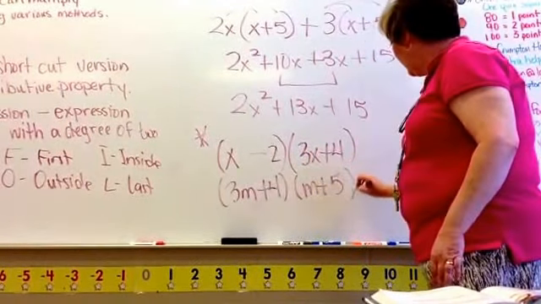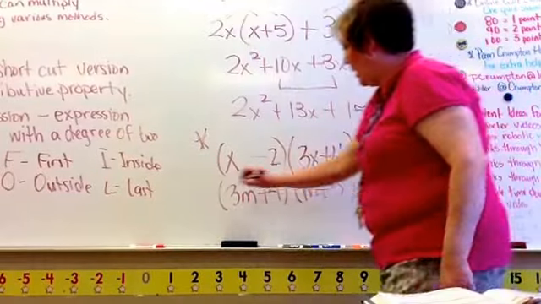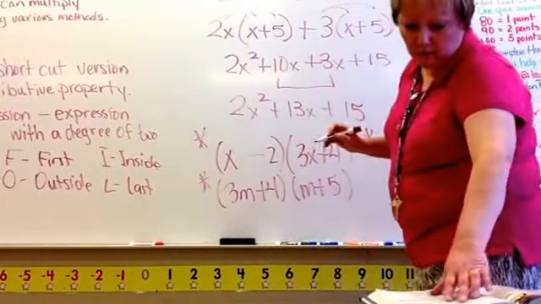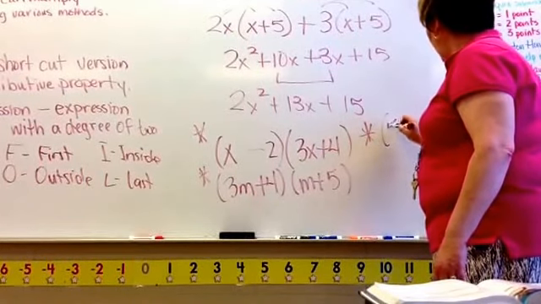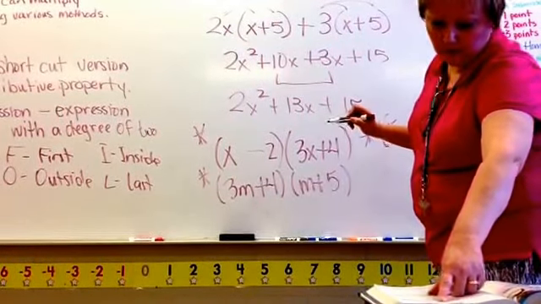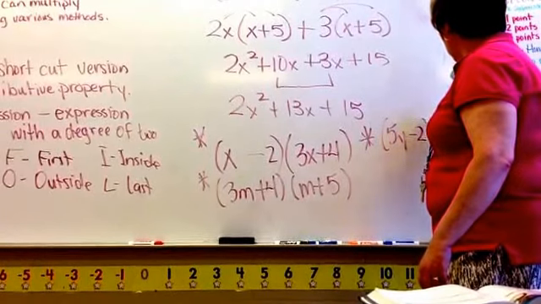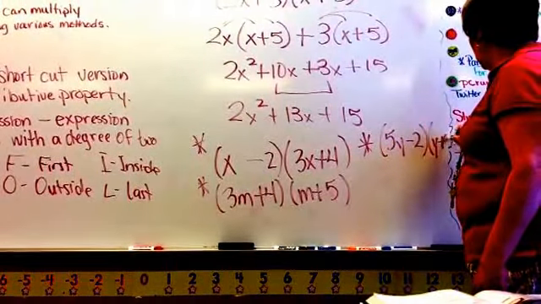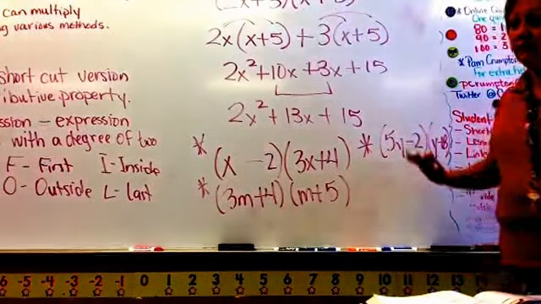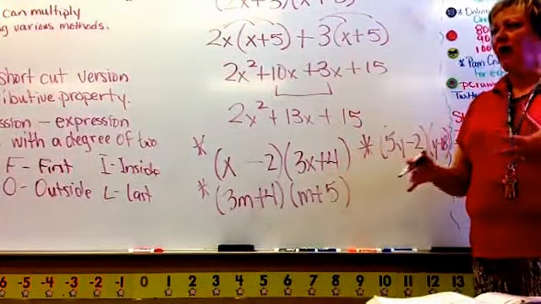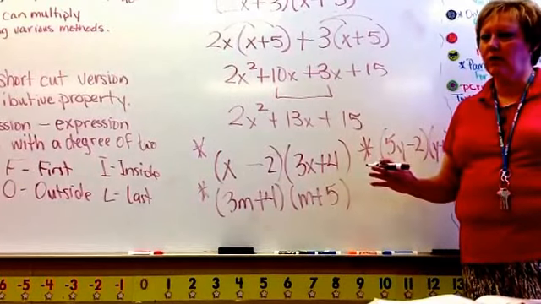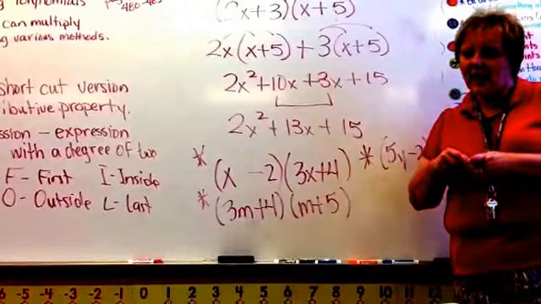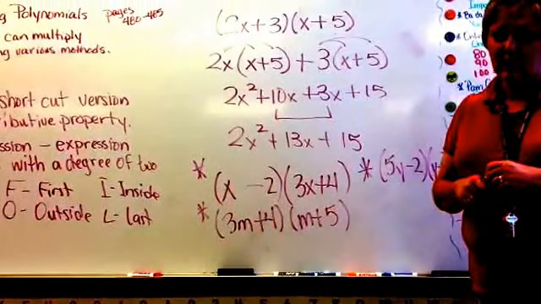And the last problem that you could try, your guided practice, would be 5y minus 2 times the quantity y plus 8. Give those 3 problems a try. Use all 3 methods. Decide which one you like, bring it back to class, and then we'll discuss it. Next, we're going to talk about quadratic expressions.